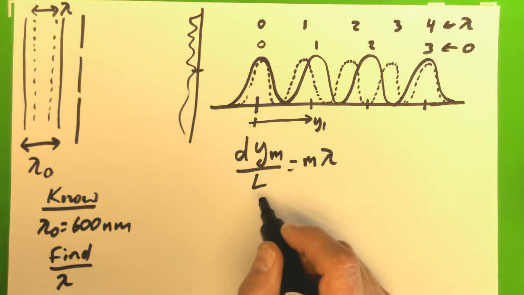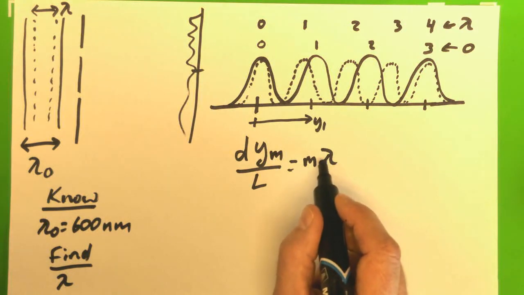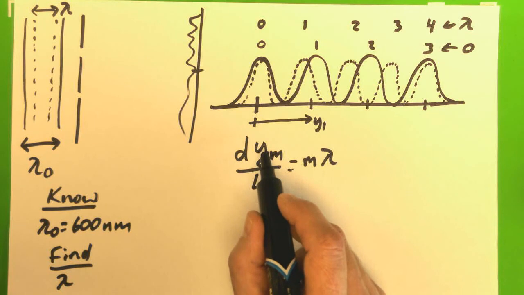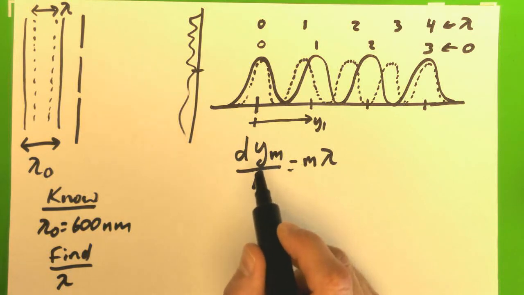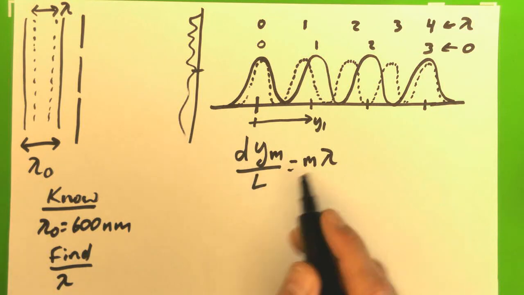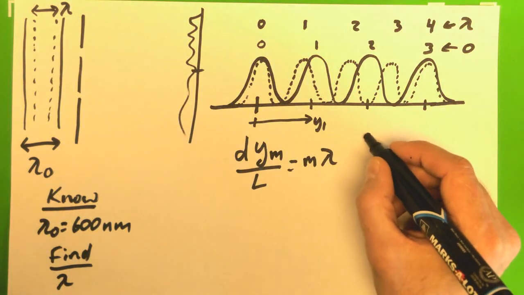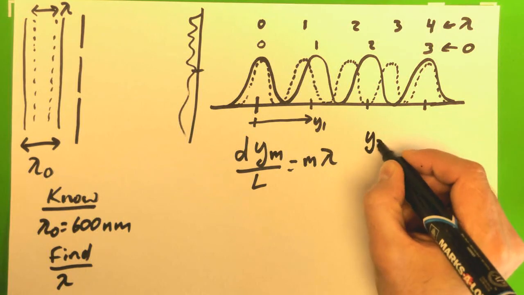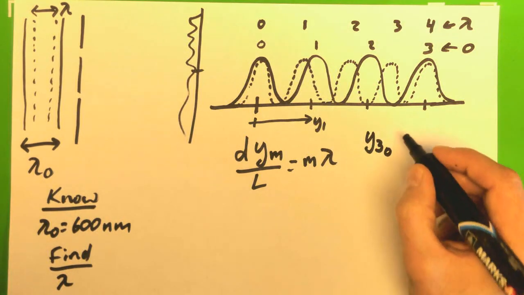We also know that the third order maximum for orange is the same place as the fourth order maximum for the unknown. So let's write those two out. We have Y sub 3 for the orange.